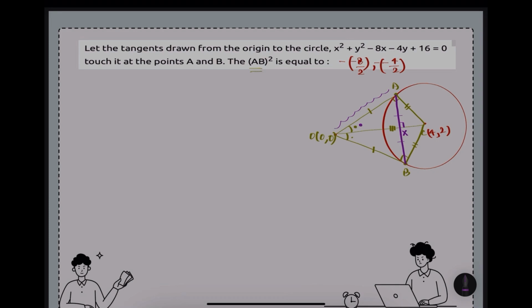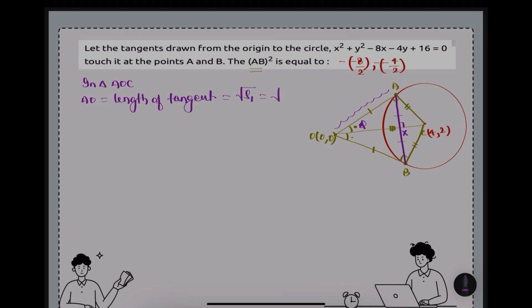Now I will go with theta first. I am interested in finding theta. So in triangle AOC, I will go with AO. AO is what? Length of tangent, and you know that the length of tangent is root S1.